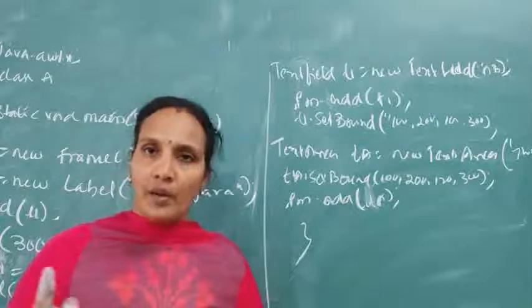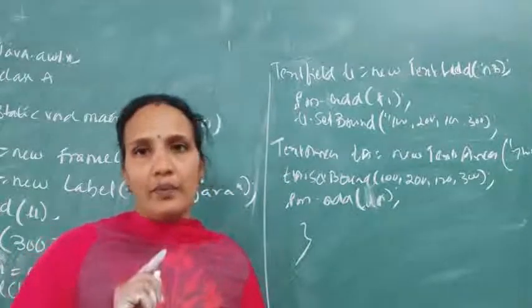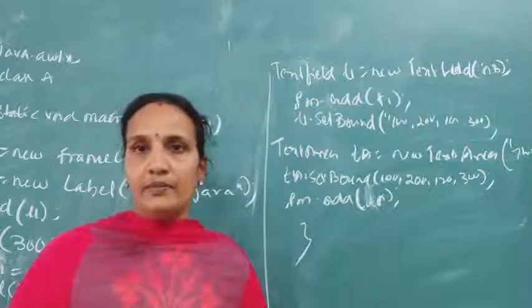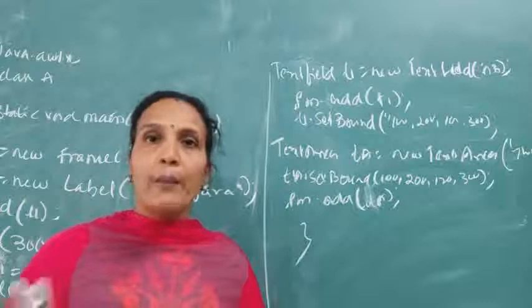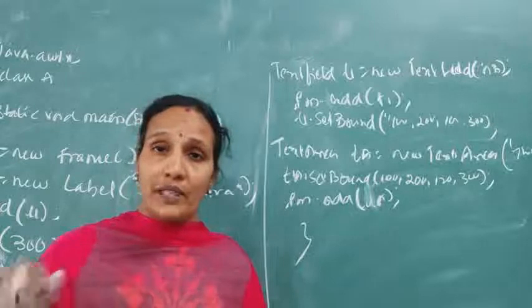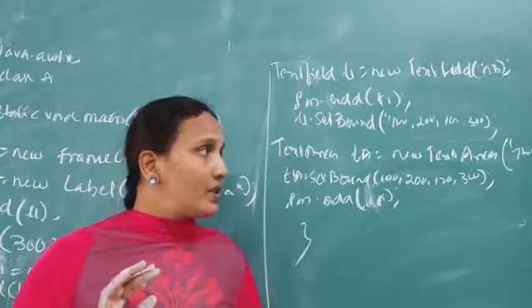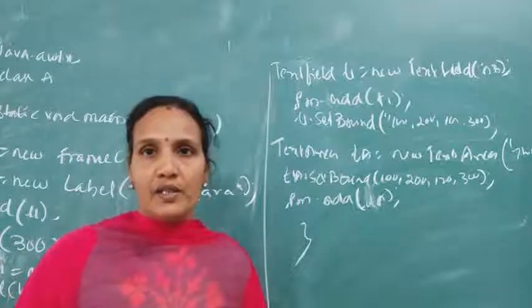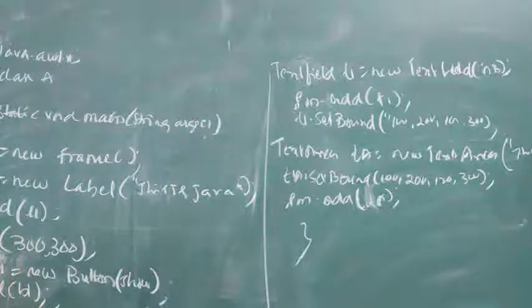After creating objects for the components, you can add all the components to the frame by using the add method. Next, for each and every component, you should give the boundaries. What is the size of that graphical user interface? What is the size of that window? That you should give. So this is about AWT components. In the next class, I'll explain more about AWT components and its classes.